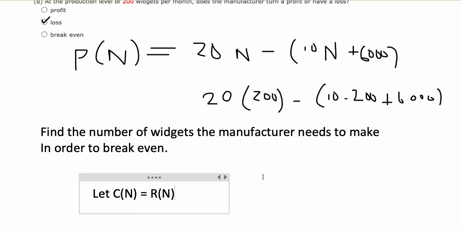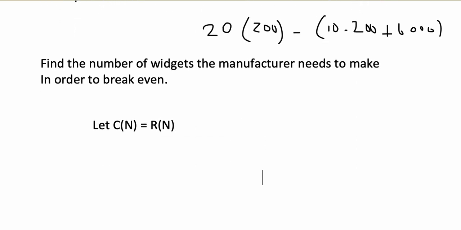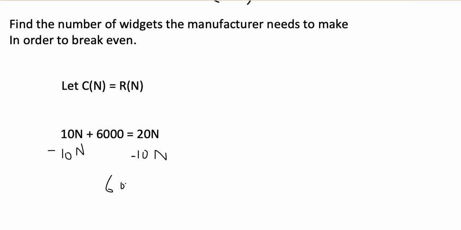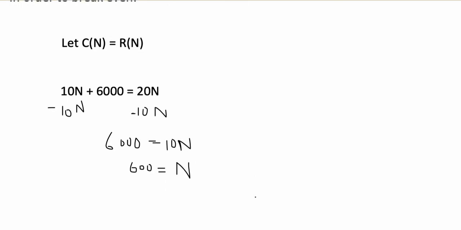Let the costs equal the revenue. So if we go back to the cost function, 6,000 equals 10n. And therefore, 600 is n. That's exactly what Desmos showed, that we would break even if 600 units were made and sold.